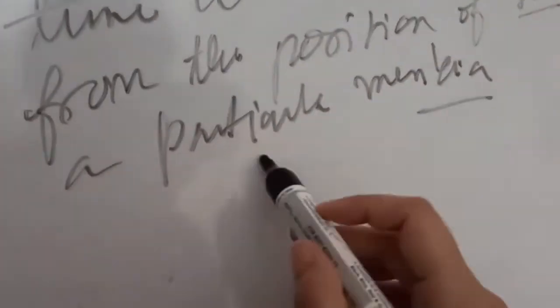When the sun is located exactly on a particular meridian, the time it gives is what we call the local time.